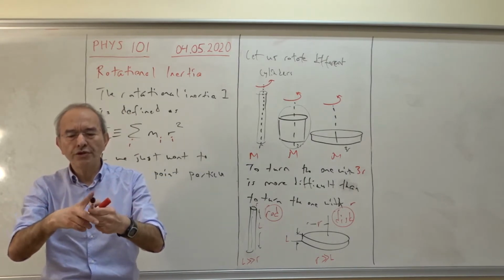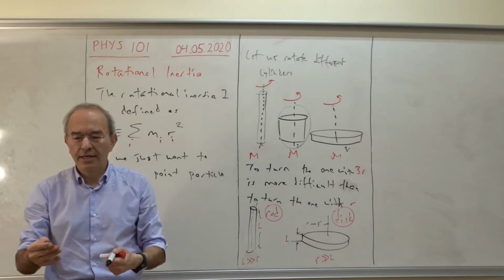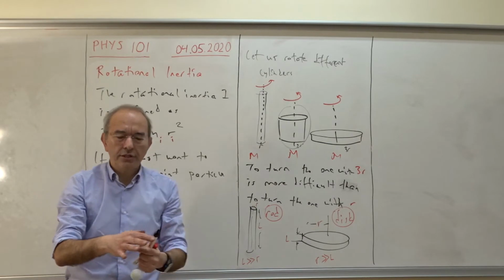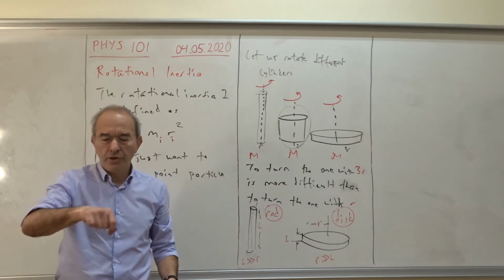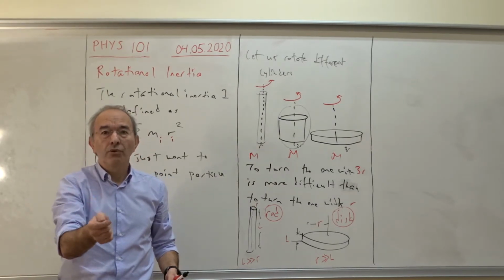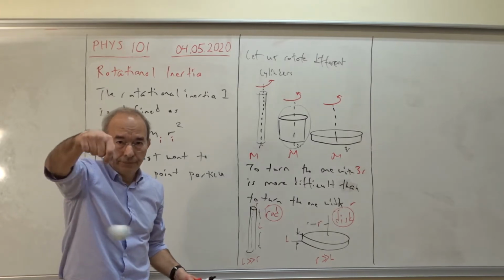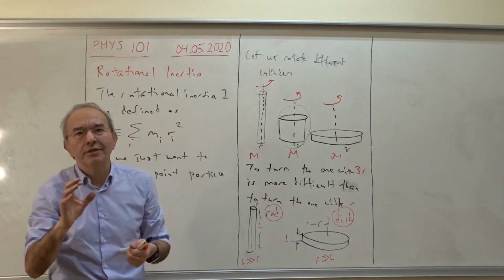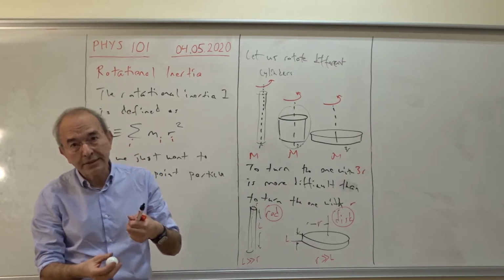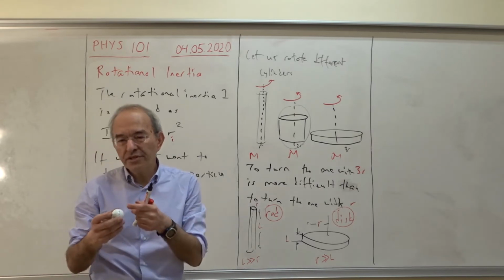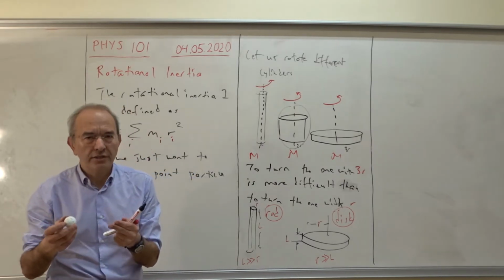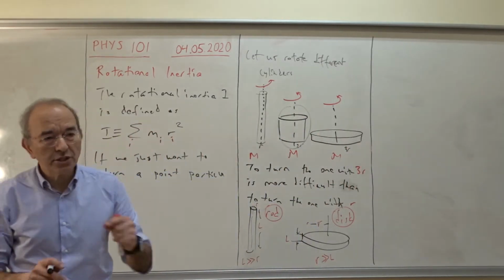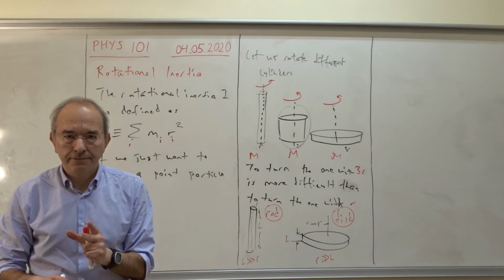So if you want to turn this object around an axis, okay? Let's say you want to turn this object, for example, maybe in a vertical circle or in a horizontal circle. So if you want to rotate this object, which is sufficiently little, it is of course not a point particle. In the atomic sense, for instance, this is a very large object, macroscopic object. However, for some practical purposes, even such small balls can be taken as point particles.